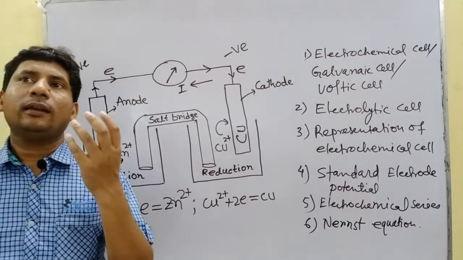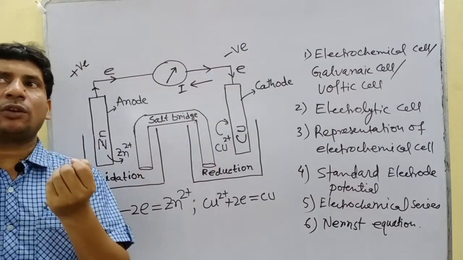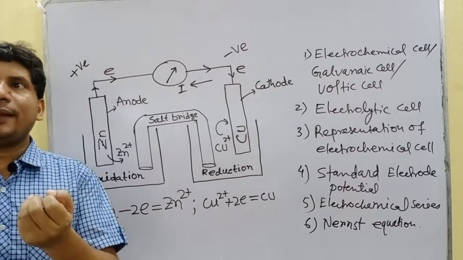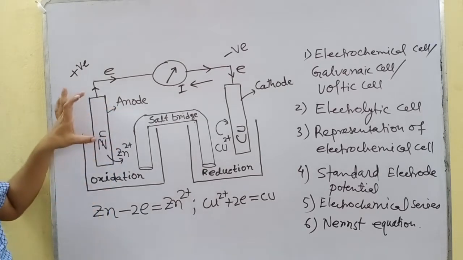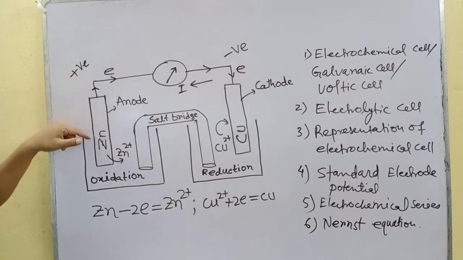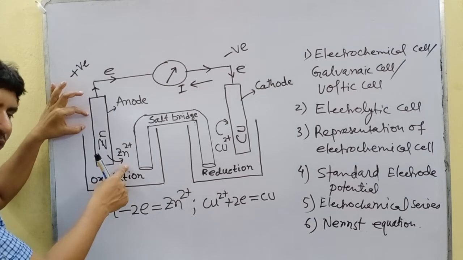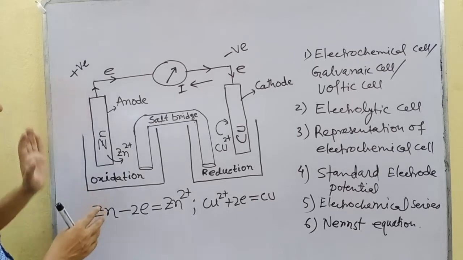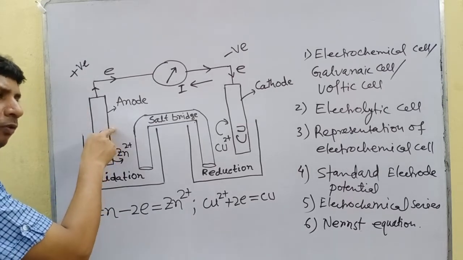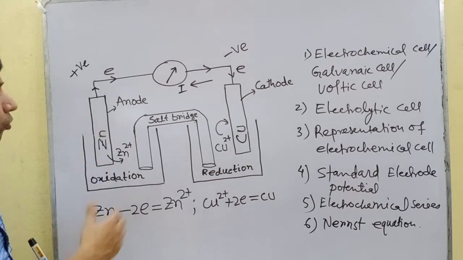And what is the electrode potential? When a strip of metal is brought into contact with a solution containing its own ions, this is a strip or rod of metal in contact with the zinc sulfate solution, that means its own ion Zn2+, then there is a tendency of the zinc to remove electrons, or to donate electrons.